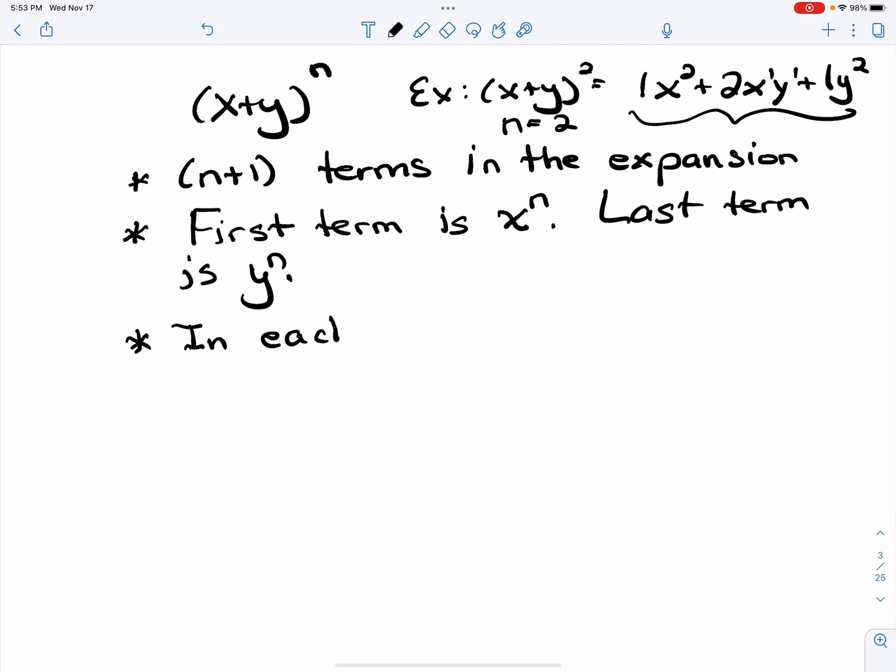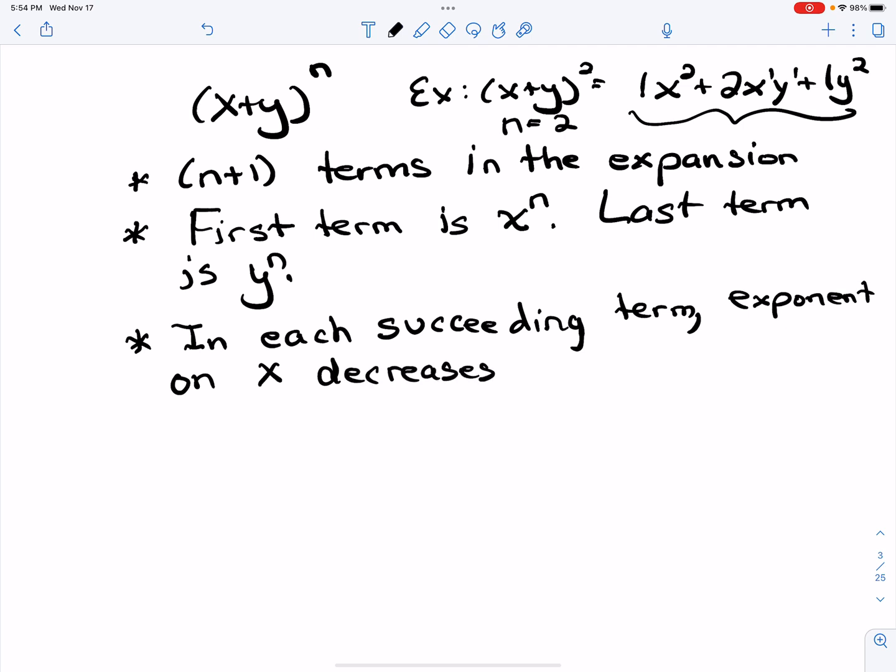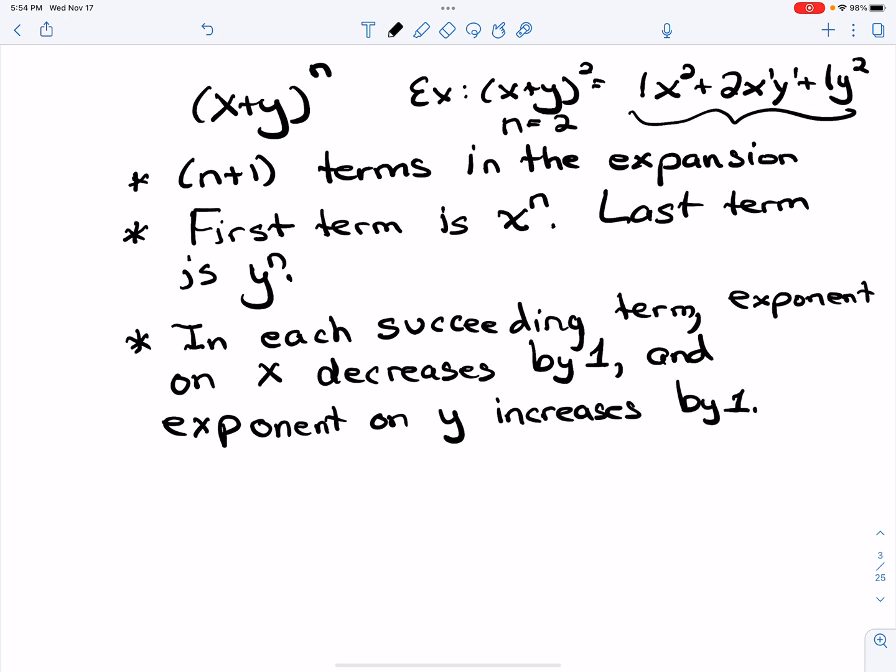In each succeeding term, the exponent on x decreases by 1, and the exponent on y increases by 1. So if you look at that expansion example up there, x's exponents go 2, 1, and then 0. We don't actually write x to the 0 at the end there, but it's there. And then for the y's, it goes 0, 1, and then 2.